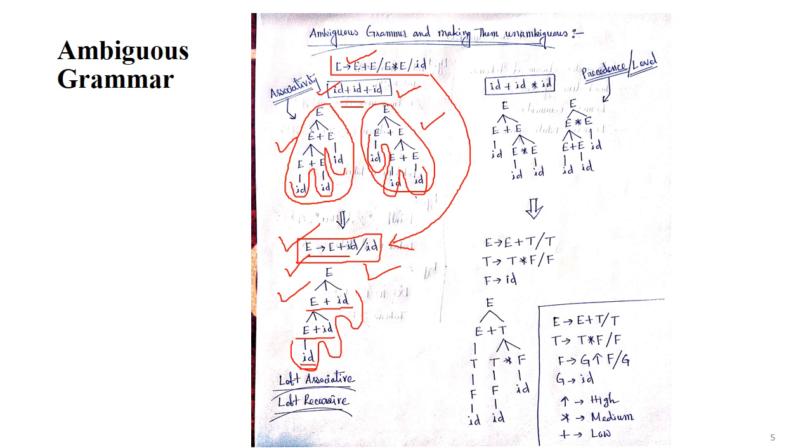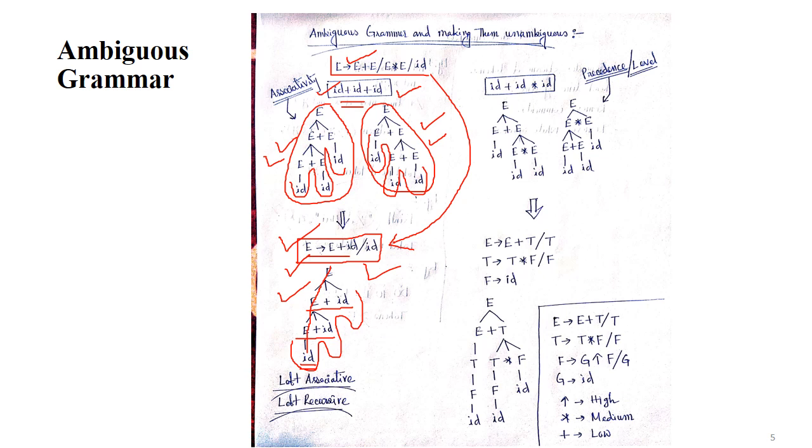In this second modified grammar, you can see the left associativity is preserved. Of these two grammars, the left hand side parse tree is left associative, but the right hand side parse tree is not. Our modified grammar will always generate a left associative parse tree, because all the non-terminals are replaced on the left hand side only.